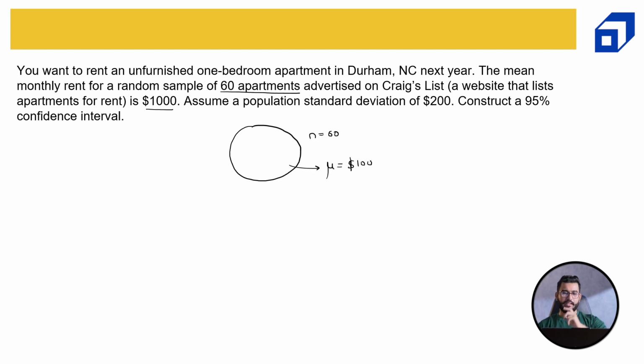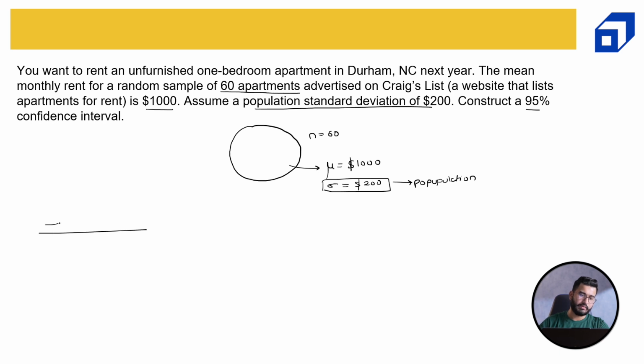You assumed the population standard deviation to be $200. So this is just an assumption. Population standard deviation is $200. Now we have to construct a 95% confidence interval. Again, for 95%, we have already calculated the z values.